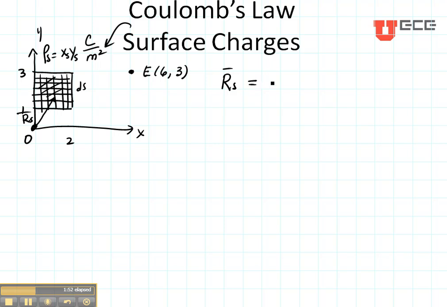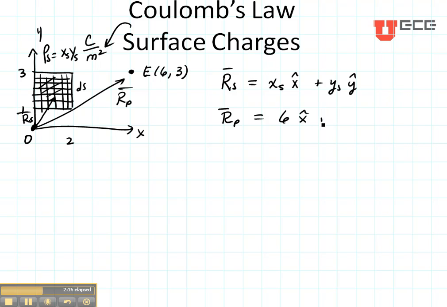Rs in this case is going to be some value xs in the x direction plus some value ys in the y direction. And I know those are going to vary, xs from 0 to 2 and ys from 1 to 3. I then need a vector rp which goes from the origin to the point where I want to find the electric field. Rp is going to be 6 in the x direction plus 3 in the y direction.